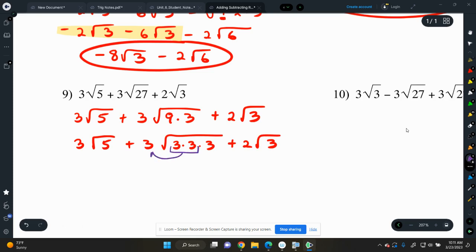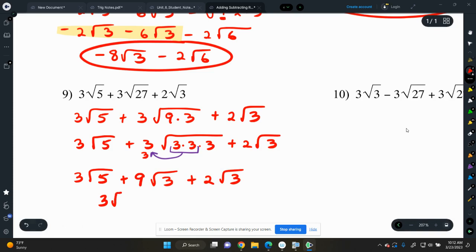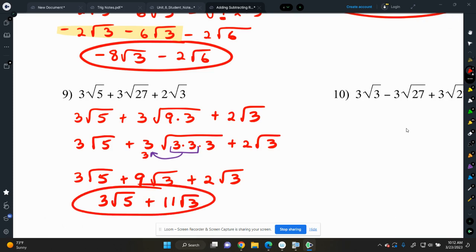Right? Okay. So we have 3 root 5 plus, now when I bring that 3 out there, 3 times 3, so that's 9 root 3 plus 2 root 3. Okay, now what? Simplify. Add your root terms. Okay. So we get 11 root 3. Very good. Excellent.